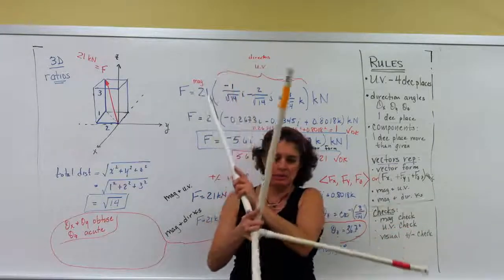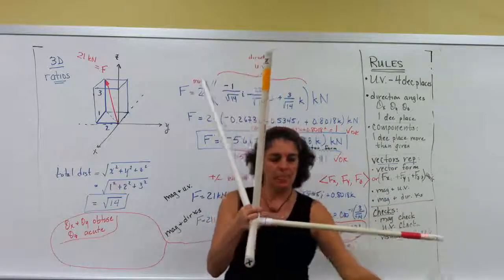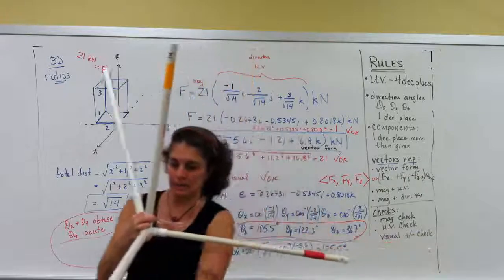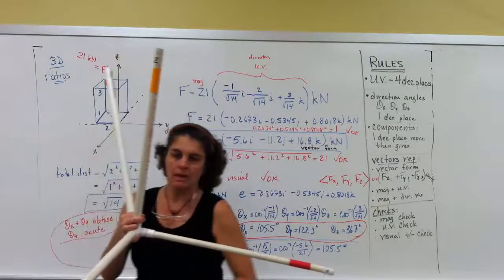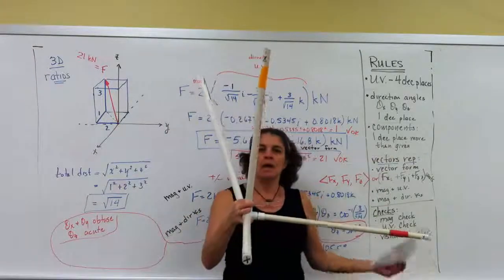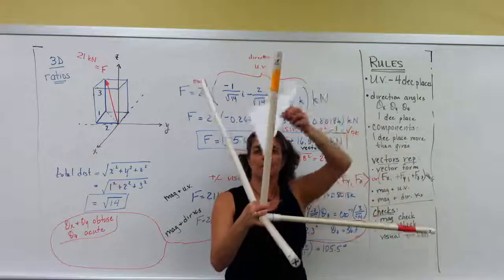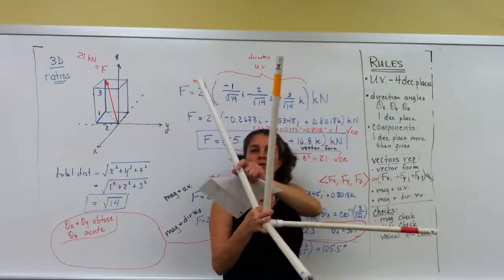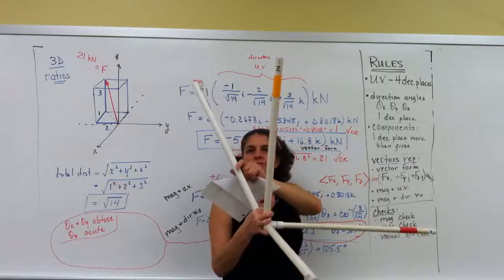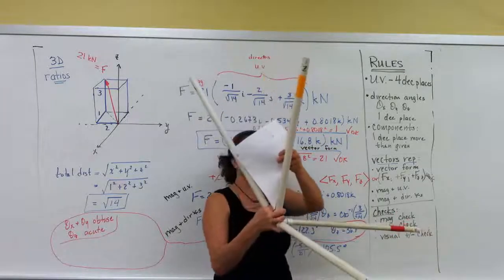Let me try to do it with a piece of paper. Here's a piece of paper. Theta x, let's do theta z first. Theta z is the angle, it's the most direct angle to get this force to the positive z-axis. It's this angle right here. It's acute.